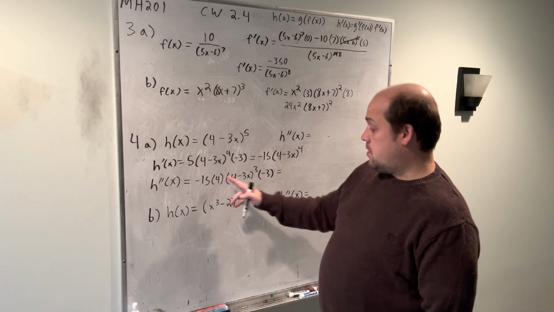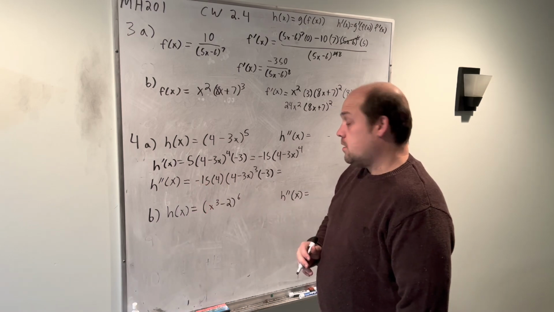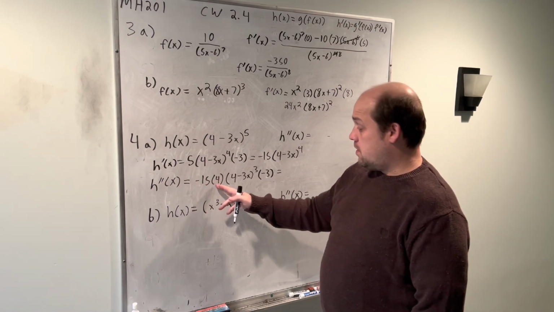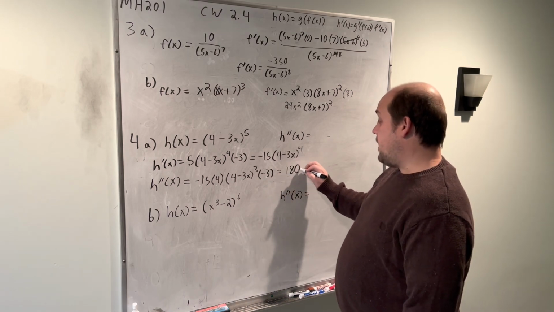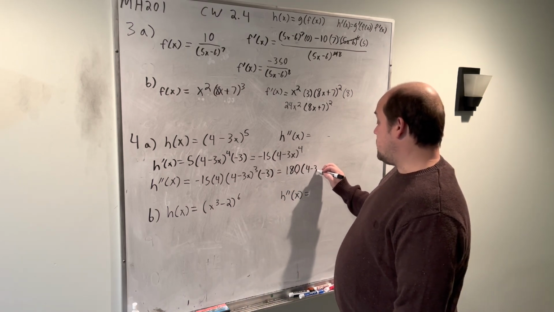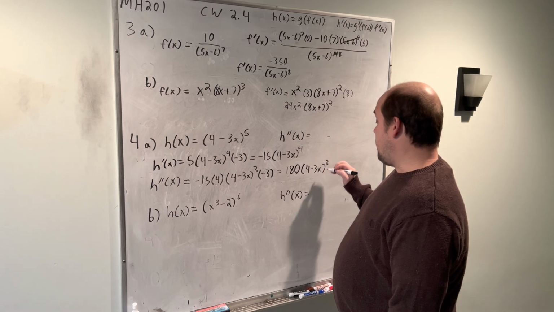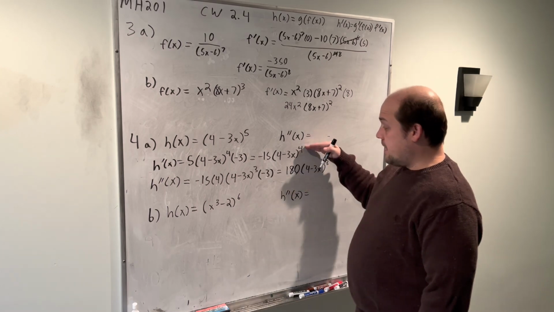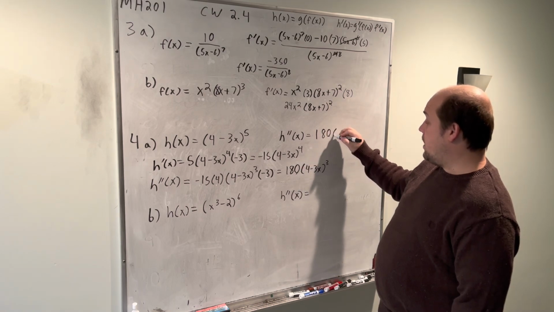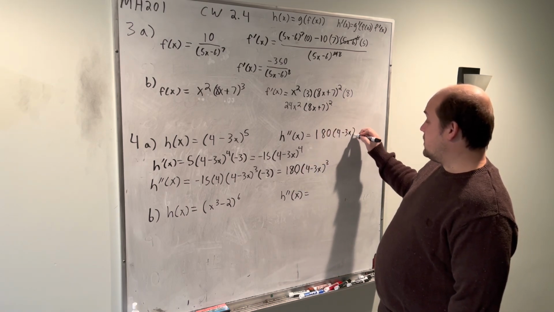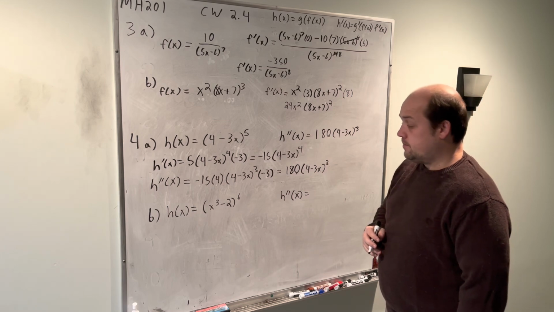Negative 3 times negative 15 is a positive 45, times 4 is a positive 180. So I get 180, 4 minus 3x to the power of 3. That is my second derivative that I've taken, so I can write it here as my answer. 180, 4 minus 3x to the power of 3.